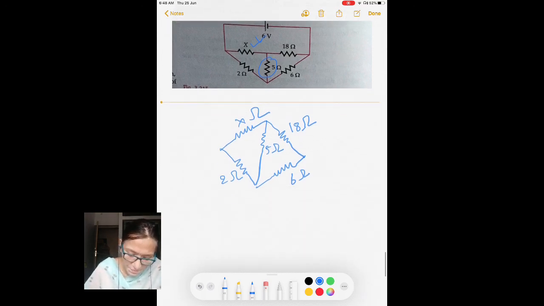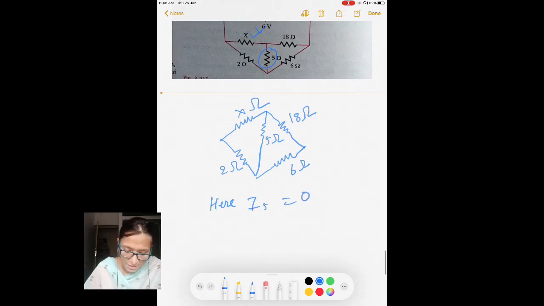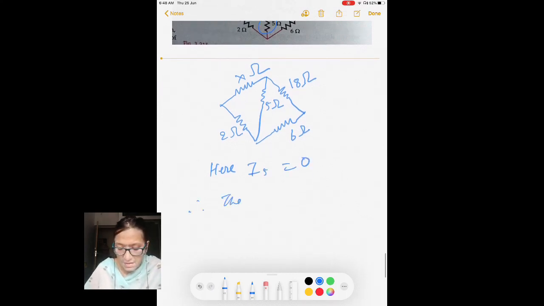Here I through the 5 ohm resistor is equal to 0. Therefore the circuit is a balanced Wheatstone bridge.